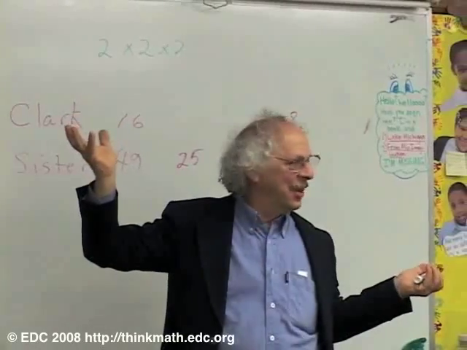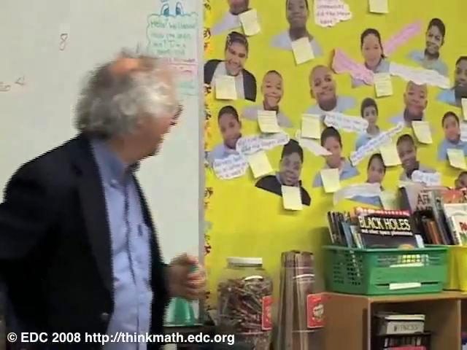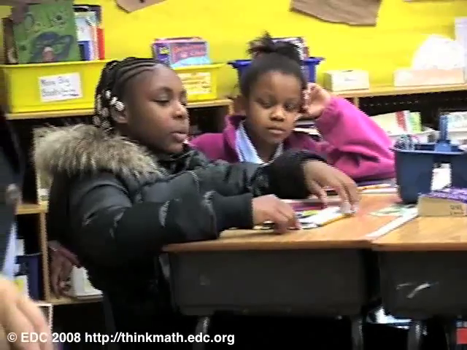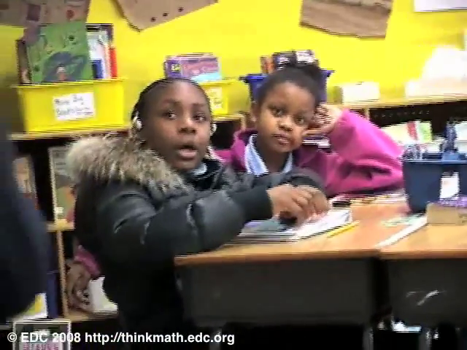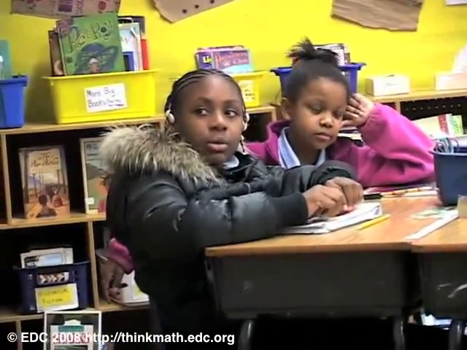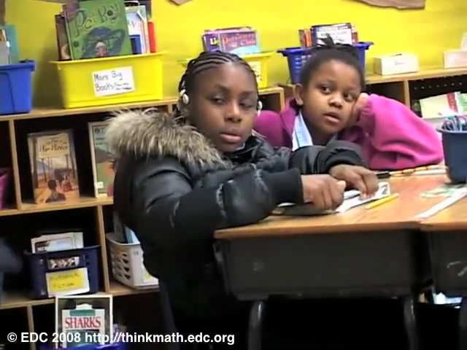Why is it not a square number? Yes, please. No, forget it. It's not a square number. No? Would you like to say? Because when you have a square number, like, for example, 64, 8 times 8 is 64, so the factors that you use have to be multiplied by the same number. And just 2 times.